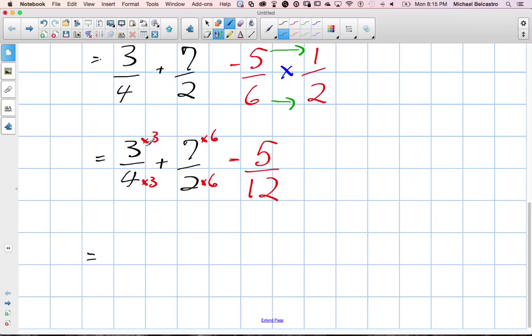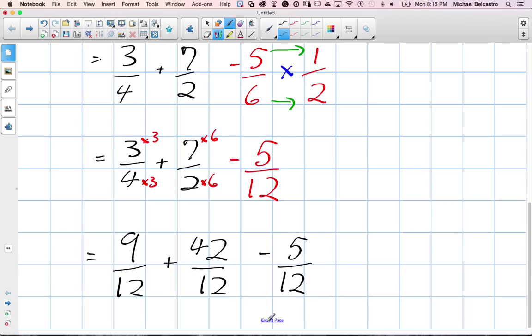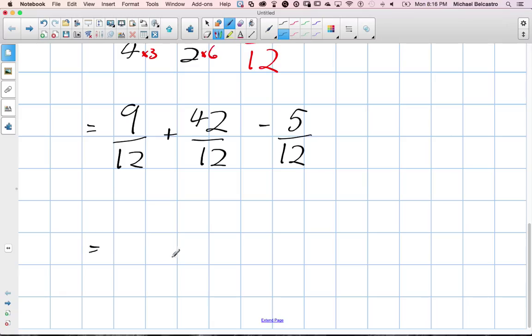So now we're left with 9 over 12 plus 42 over 12 minus 5 over 12. Now that everything's over 12, my answer is going to be over 12. And now it's as simple as 9 plus 42 minus 5, which is going to be 46. So we end up with 46 over 12.